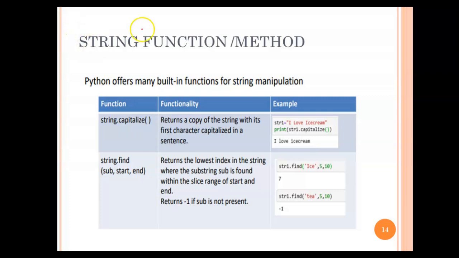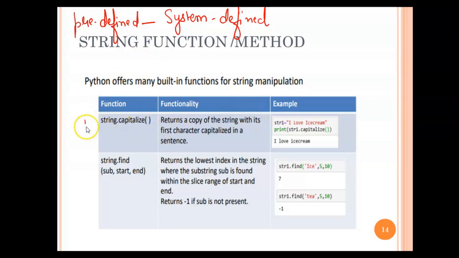Predefined means already defined, also called system defined. So these are defined by the system, I mean the definition is already written inside the system. If your requirement matches the working of these functions, then you can use these functions for your work.